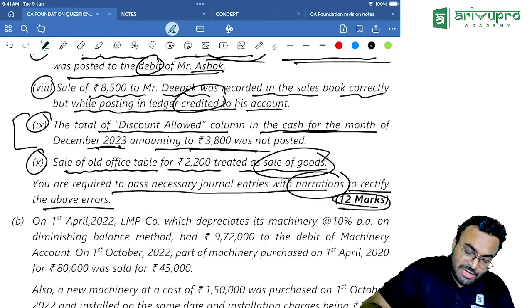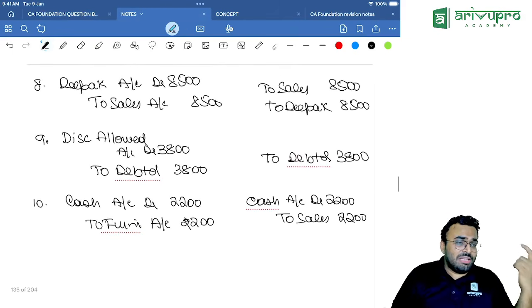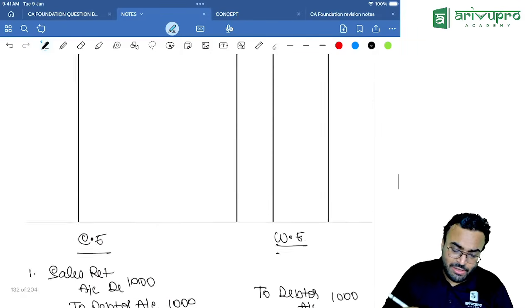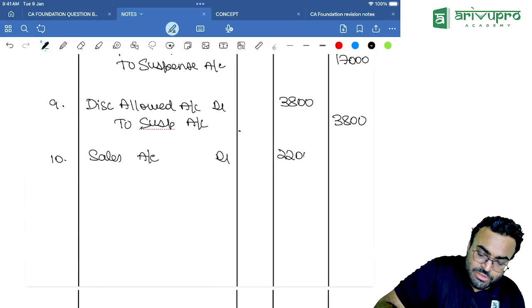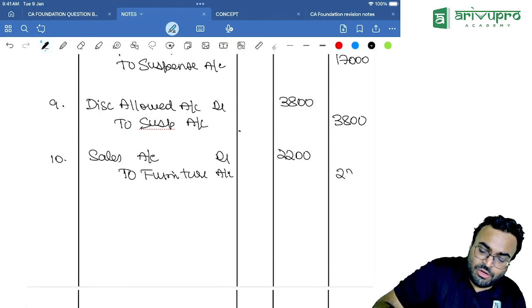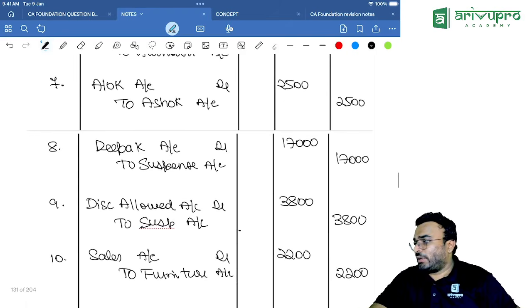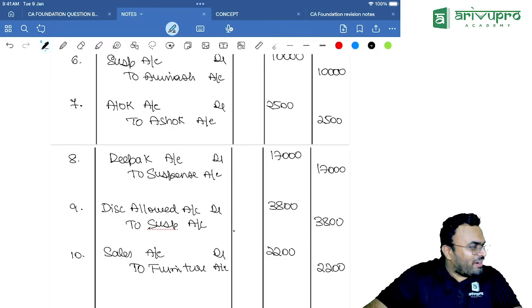Can you see it is treated as sale of goods? So what should be the rectification entry? Remove the sale and put that furniture correctly. So you're going to write sales account debited 2,200 to furniture account 2,200.